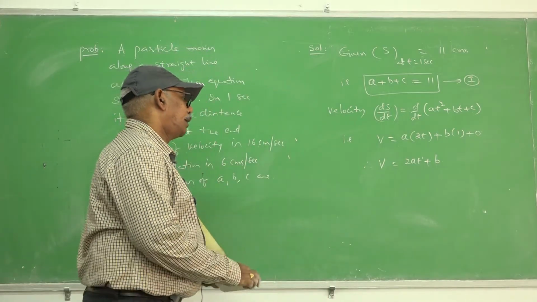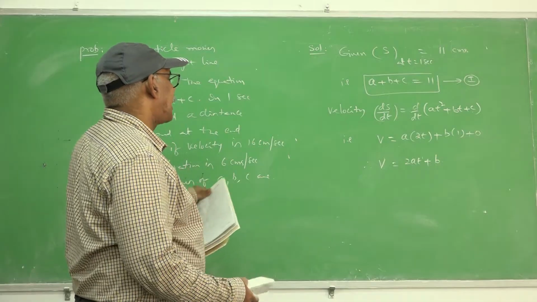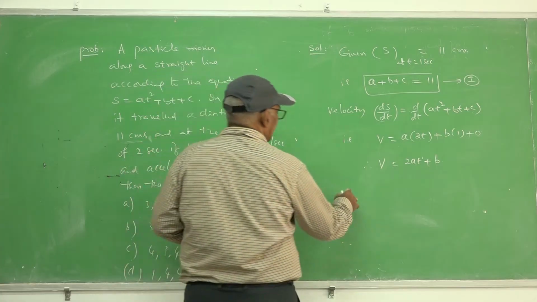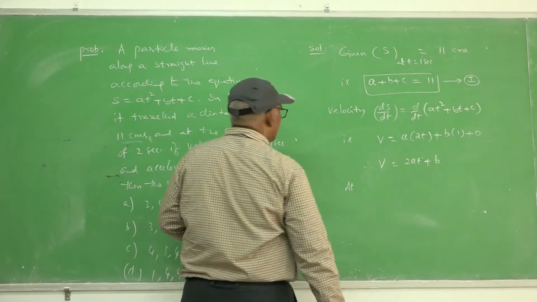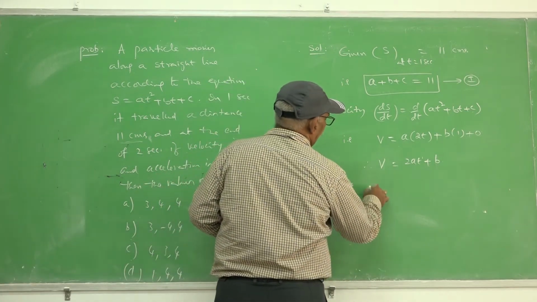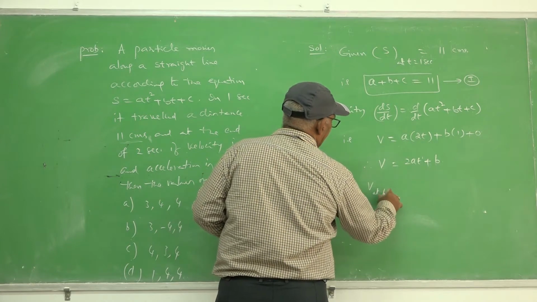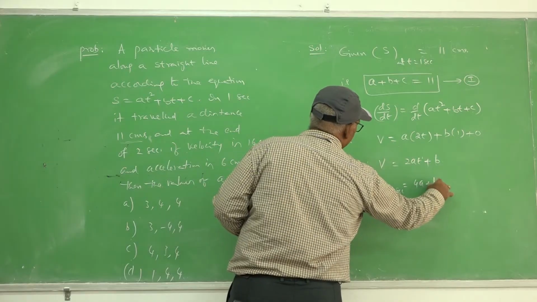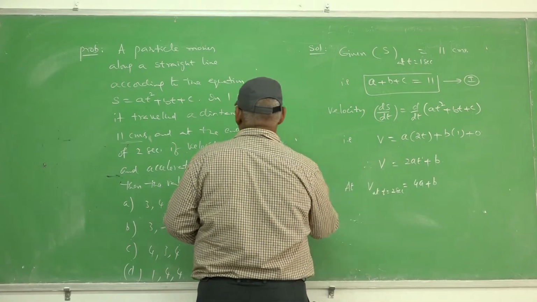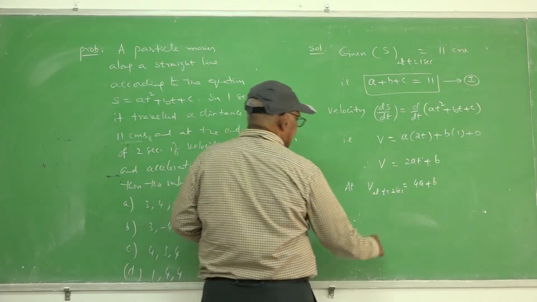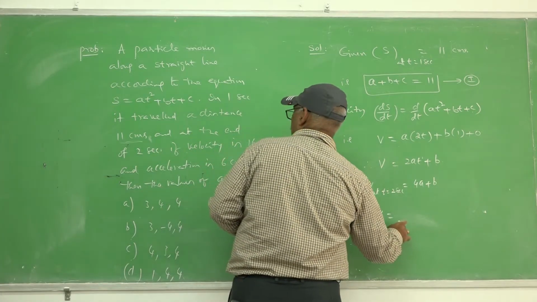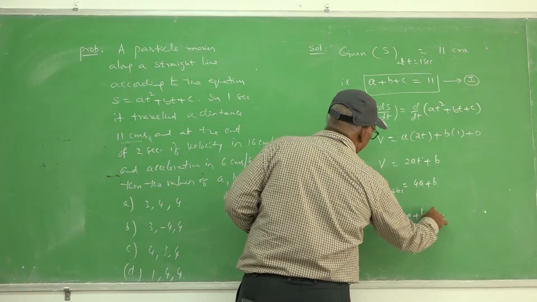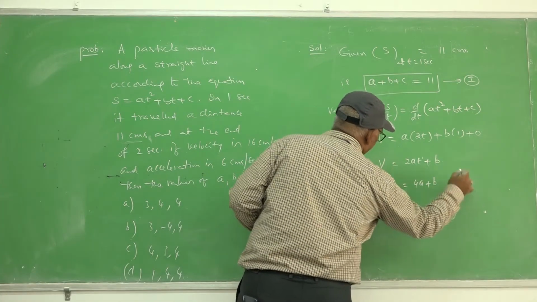At t equal to 2 seconds, the velocity v is 4A plus B, but v at 2 seconds is 16. So 16 equal to 4A plus B. This is the second one.